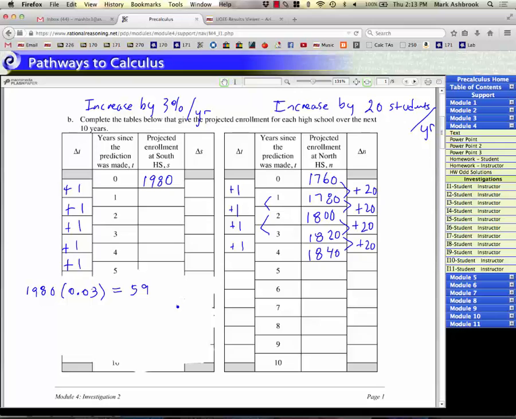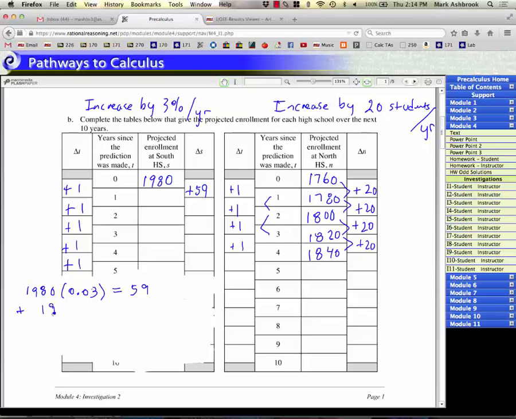So what does that tell us right away in terms of our table? So 59. So the enrollment after 1 year is 59. No, what is 59? Delta t, right? That's how much it went up. This is plus 59. Okay? So how do we get the enrollment then?